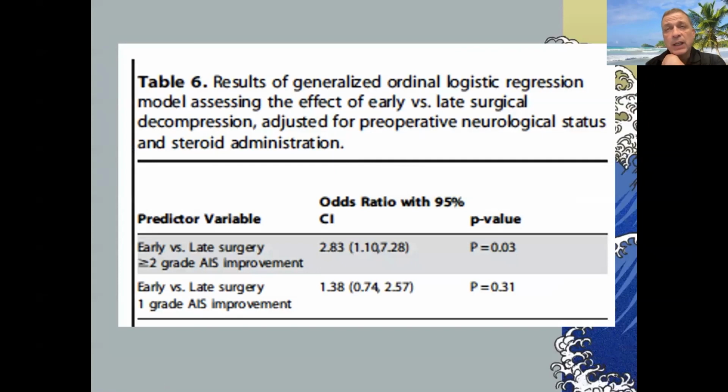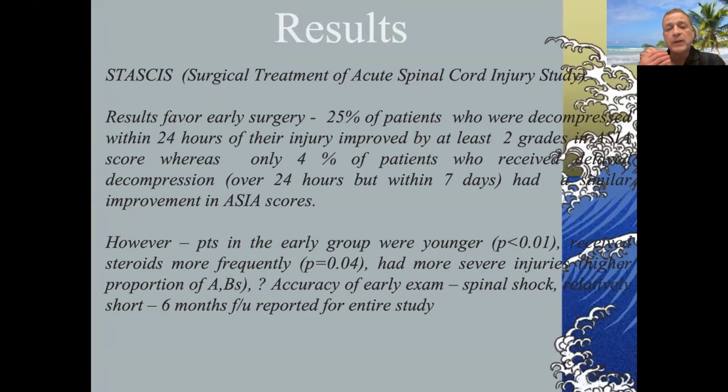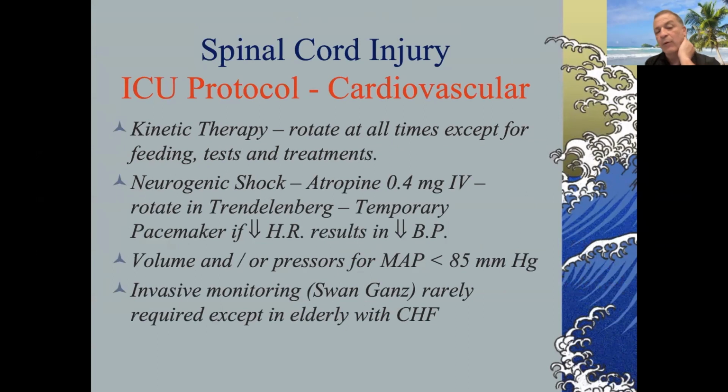So I would just say in general, based on these results and multiple other studies, that we tend to do early surgery on these patients, which means if someone comes in with a C6, C7 dislocation in the middle of the night, they usually have surgery in the middle of the night, even though you can criticize certain aspects of the study, but that's basically how we take care of things in Miami.